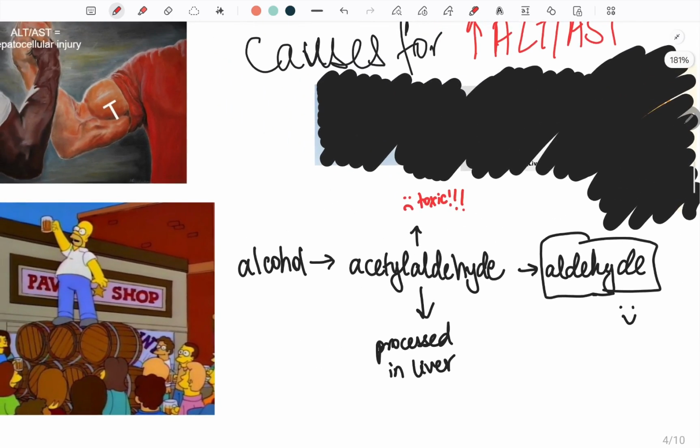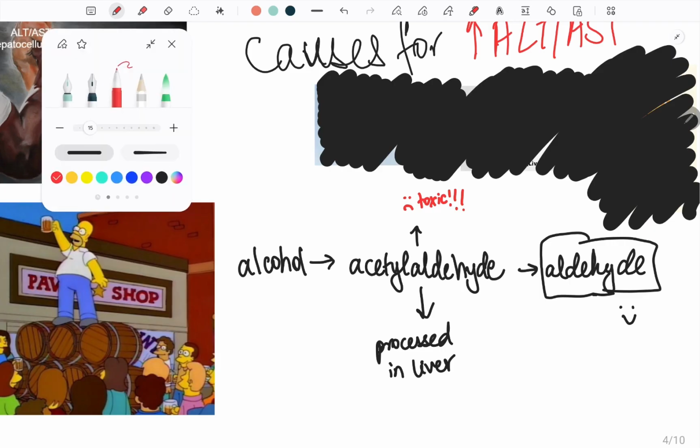And that beating is in the form of your liver cells essentially dying from processing the alcohol into acetaldehyde. So this is why we see a lot of patients who have liver damage often have a very high drinking history. Not guaranteed, but there's a strong connection.